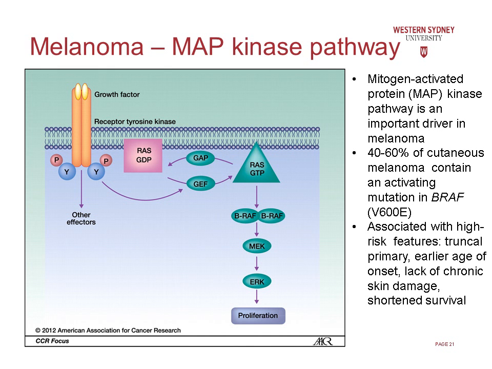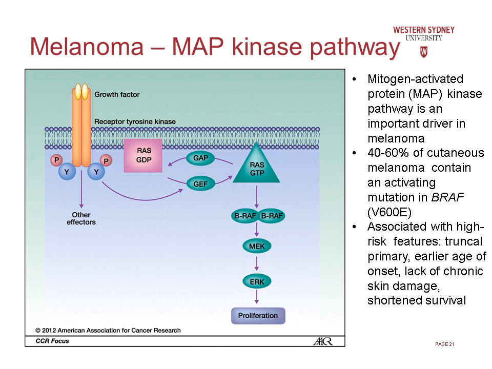To further understand the role of BRAF inhibition, we'll talk about the MAP kinase pathway in melanoma. The mitogen activated protein, or MAP kinase pathway, is an important driver in the development of melanoma. In about half of cutaneous melanomas, there is an activating mutation in the BRAF gene, particularly a V600E mutation, that causes the disease, leading to a constitutively active BRAF.